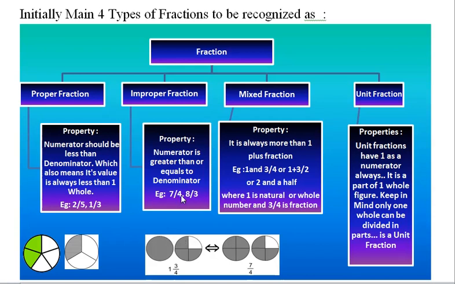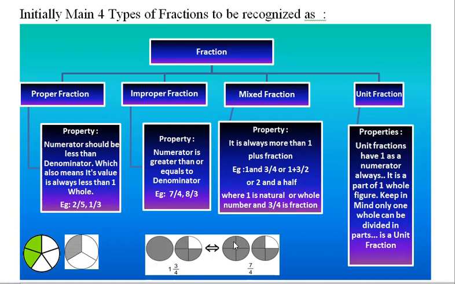Sometimes we see 7 out of 4 portions. How? 7 out of 4 portions have been used. So let's see this figure again. There are 2 circles actually. One circle is divided into 4 parts and the other circle as well. So there were 2 objects, both equally divided into 4 portions.